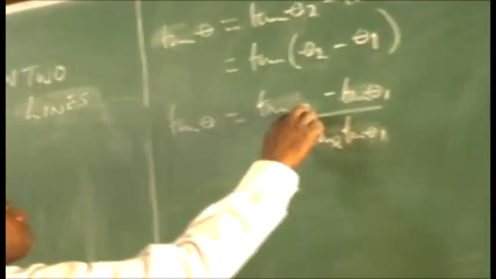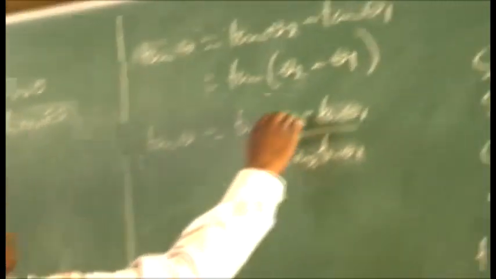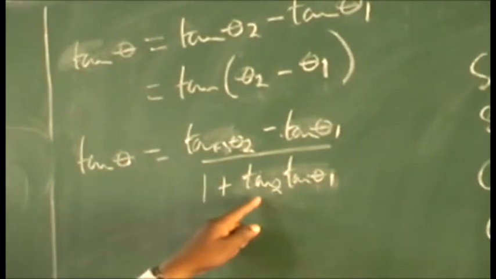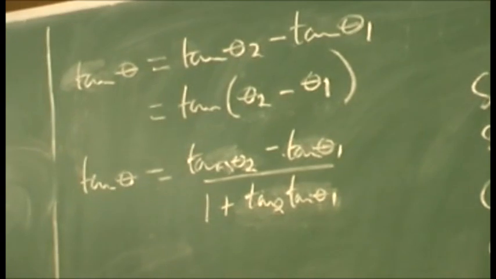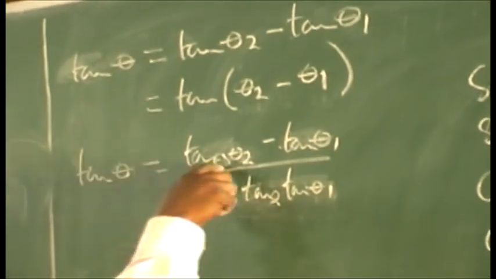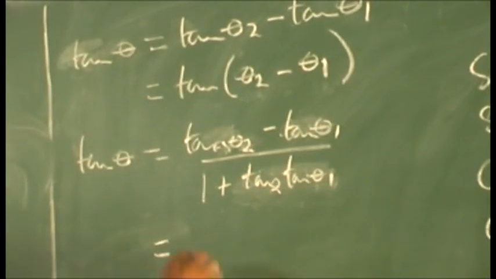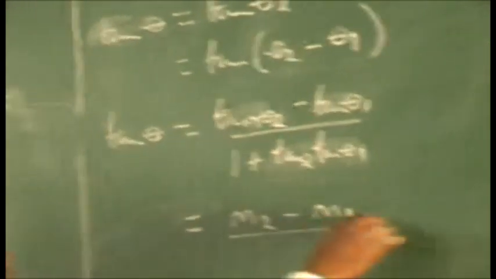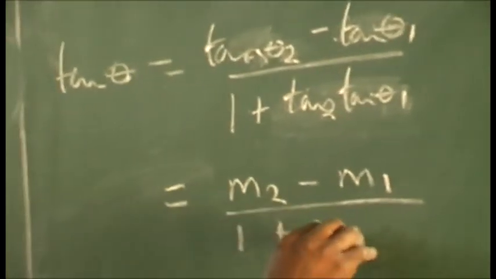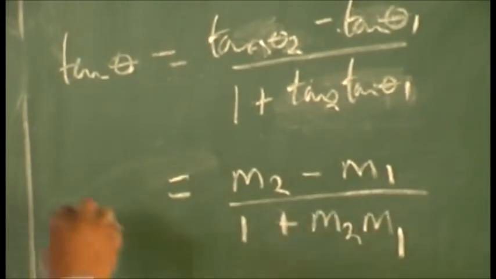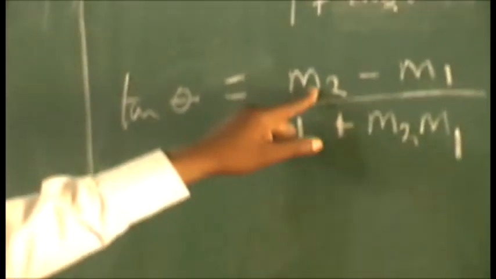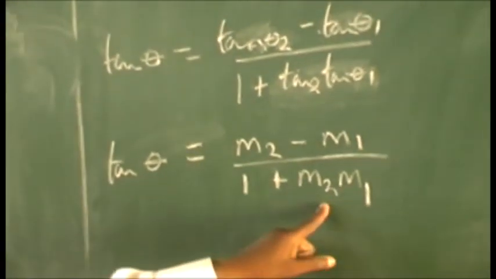So I just replace it: tan θ = (tan θ2 − tan θ1) all over (1 + tan θ2 tan θ1). We also know that tan is the same as the gradient, so I can replace it by m2 − m1 all over 1 + m2 m1. So tan θ is the same as (m2 − m1) all over (1 + m2 m1).